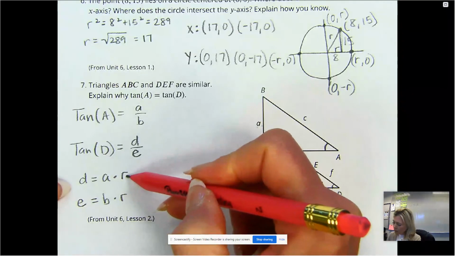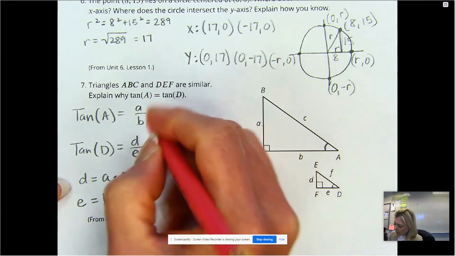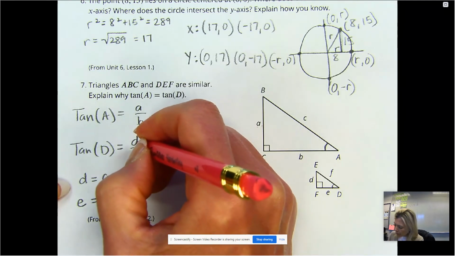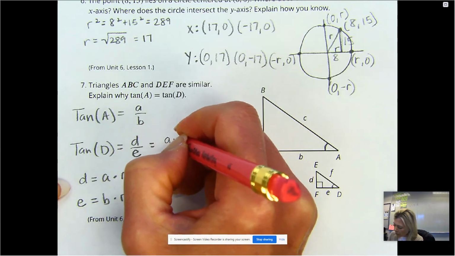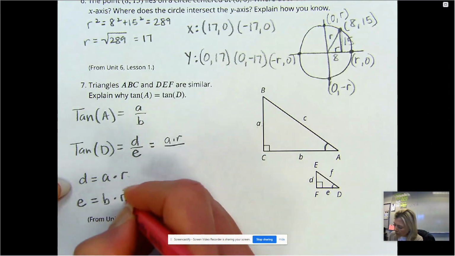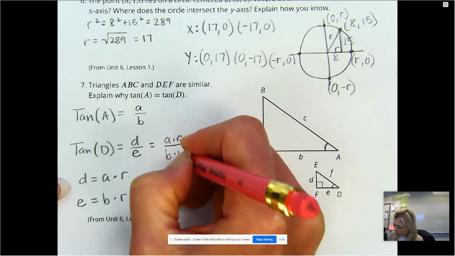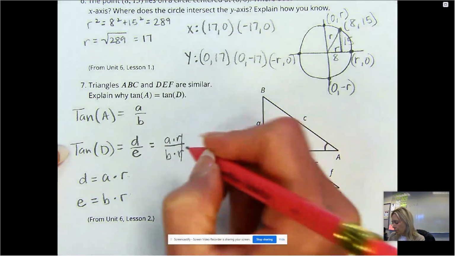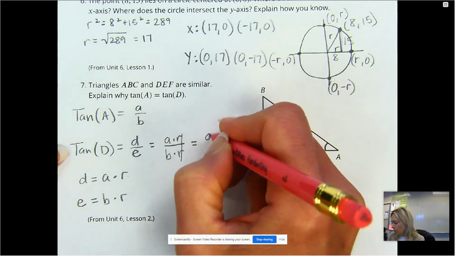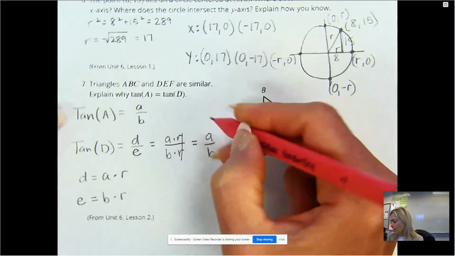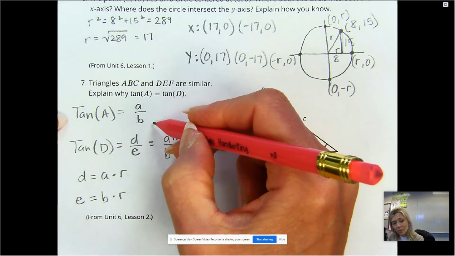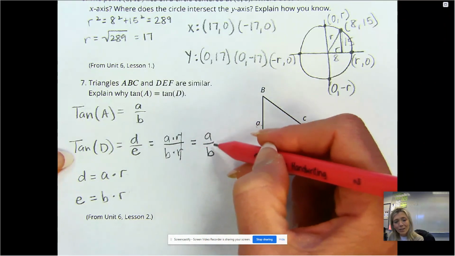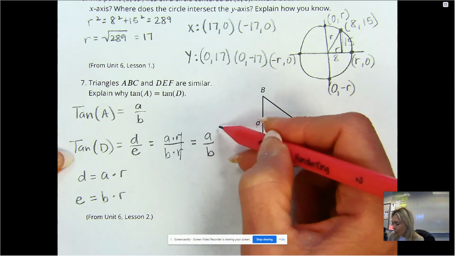So if I take these expressions for d and e and replace them in this ratio, if d is equal to a times r and e is equal to b times r, and then those r's would cancel each other out, this is equal to a over b. So the tangent of A is equal to a over b, and the tangent of D is, through some logical thinking, also equal to a over b.